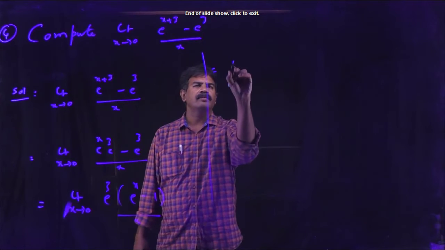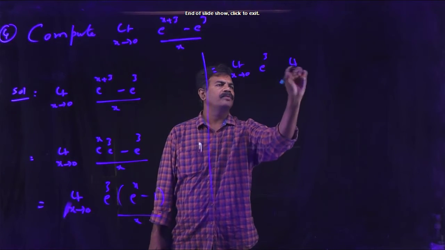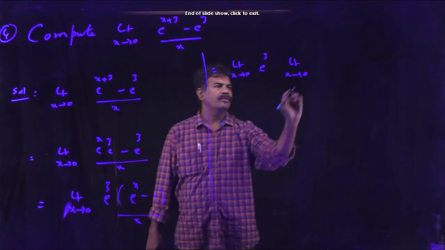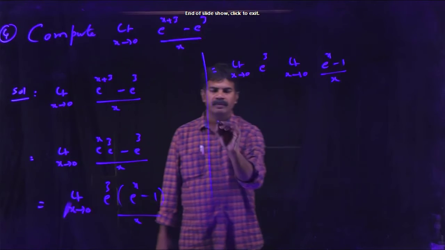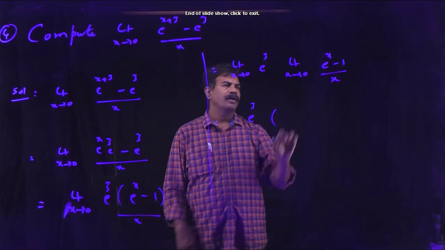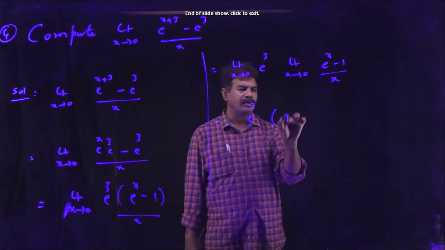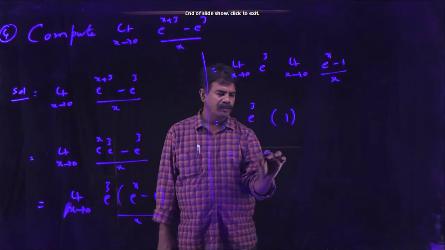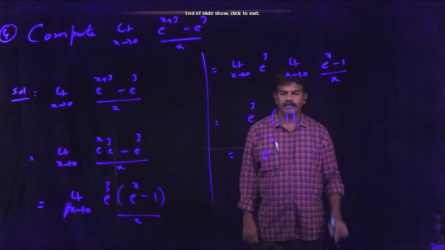It is equal to limit x tends to 0 e cube into limit x tends to 0 e power x minus 1 by x. That is equal to e cube, a constant. Already we know the formula, limit x tends to 0 e power x minus 1 by x equals 1. That is equal to e cube into 1 is e cube. So the limit value is e cube.